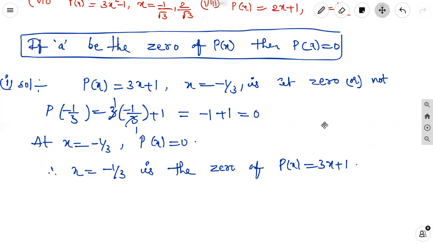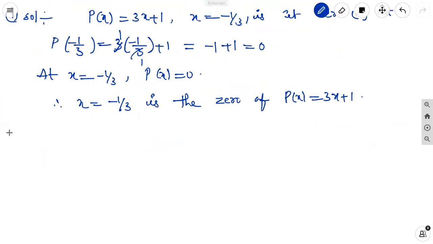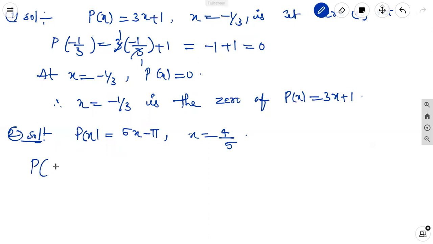Second question. Second solution. They have given the polynomial P of x equal to 5x minus pi. The value is x equal to 4 by 5. Again, we can check the condition of the zero. In the place of x, we write the value 4 by 5. It is equal to 5 into 4 by 5 minus pi. The 5s cancel.